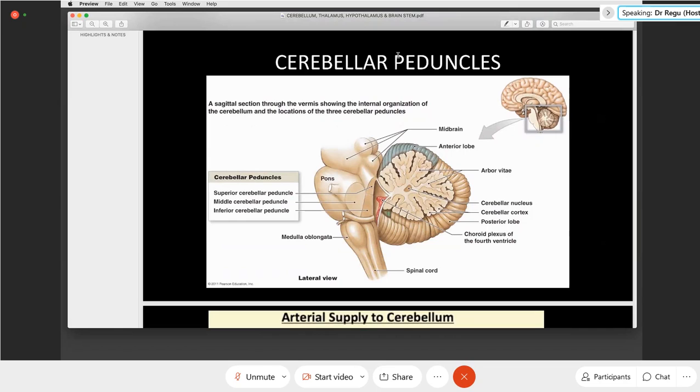These connections are known as the cerebellar peduncles. There are three: a superior, middle, and inferior cerebellar peduncle that connect to the brainstem. The superior connects the cerebellum to the midbrain. The middle one connects the cerebellum to the pons, and the inferior cerebellar peduncle connects the cerebellum to the medulla oblongata.